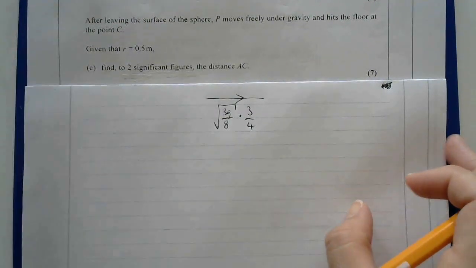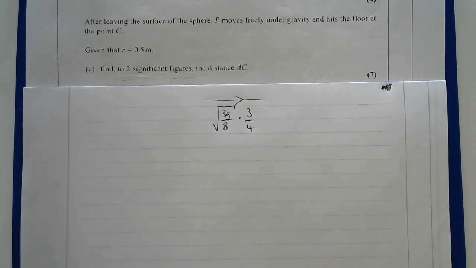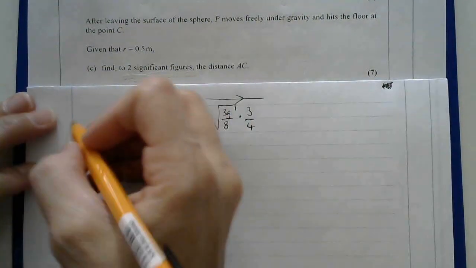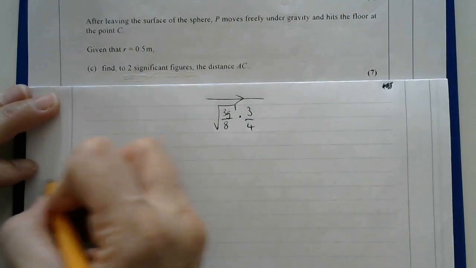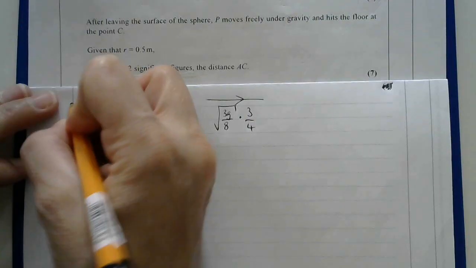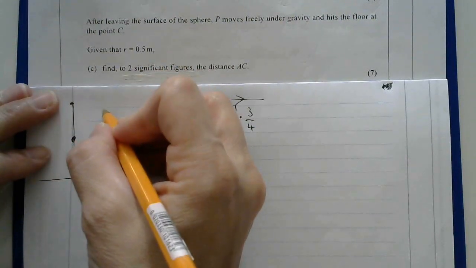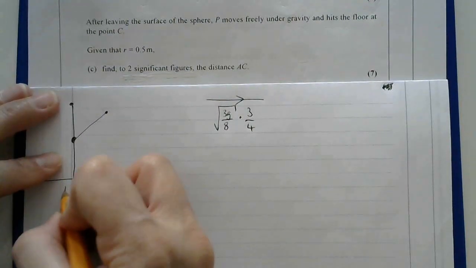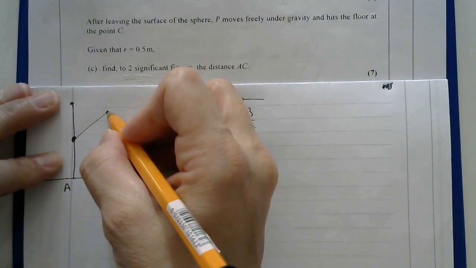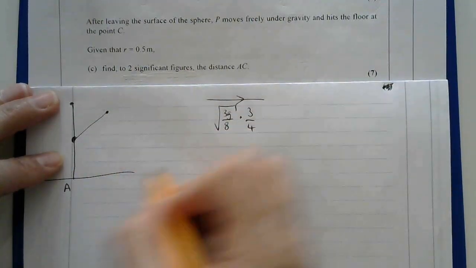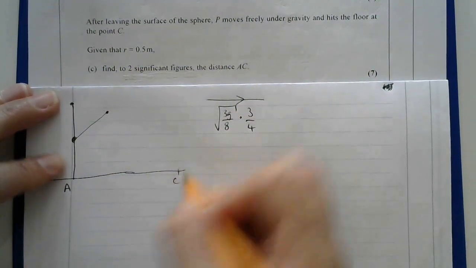Okay, so now let me focus on what I want, this distance AC. It began here. It moved round to here. So basically, we're only considering with SUVAT the distance that it moved from here down to this point C, which is when it hits the ground.